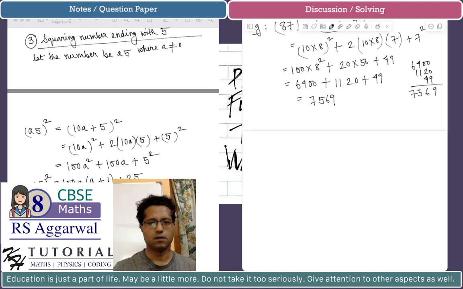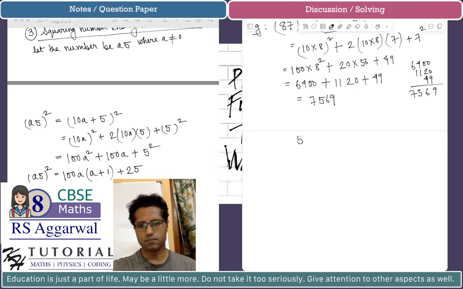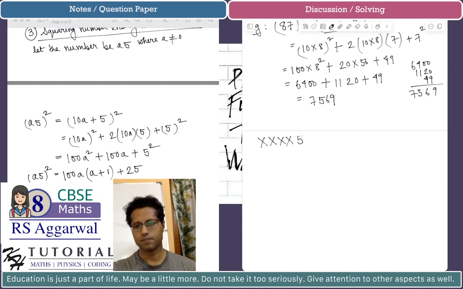The last digit, the digit at the units place, will of course be 5. The number could be a 2-digit, 3-digit, 4-digit or 5-digit number. We don't know how many digits there are, so I am representing all the other digits as xx.